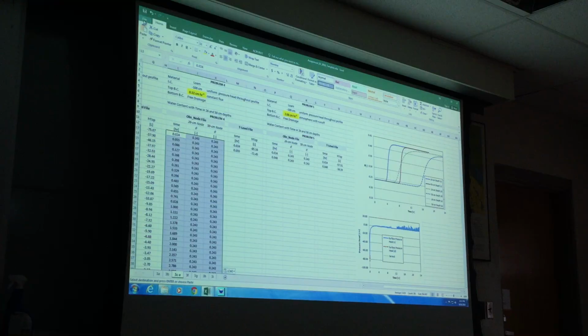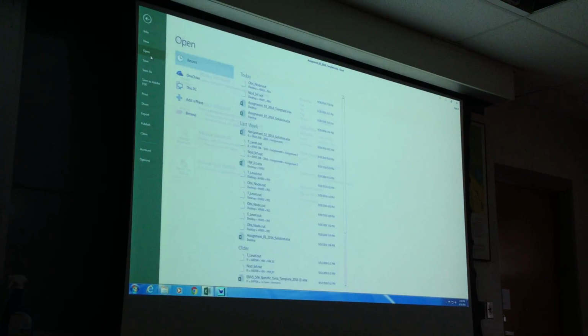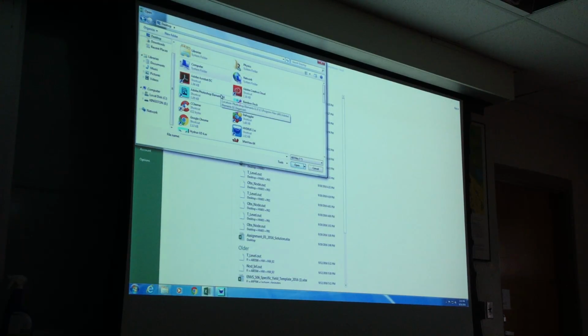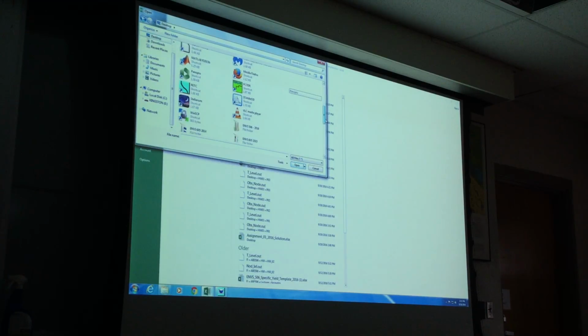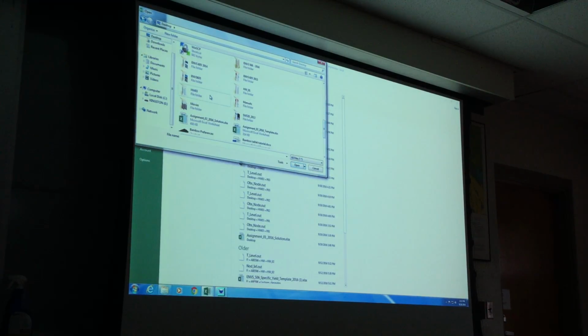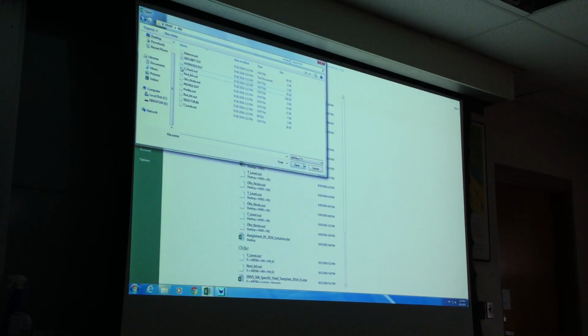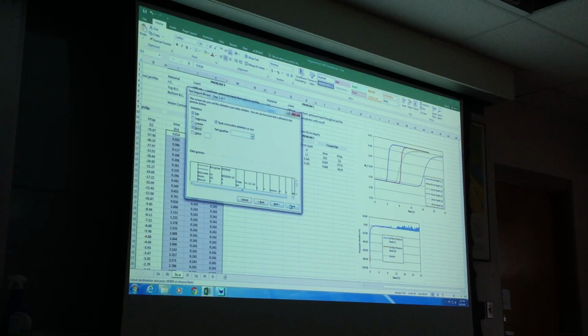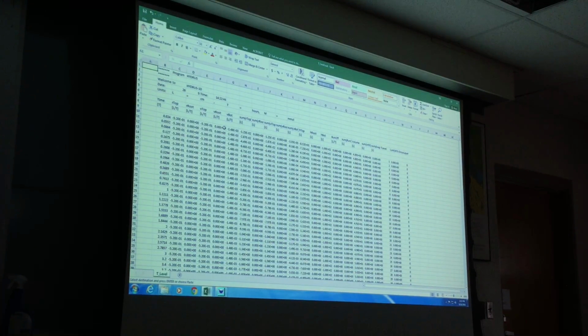Then we open the P-level file. Here we only want to see the age of the top.